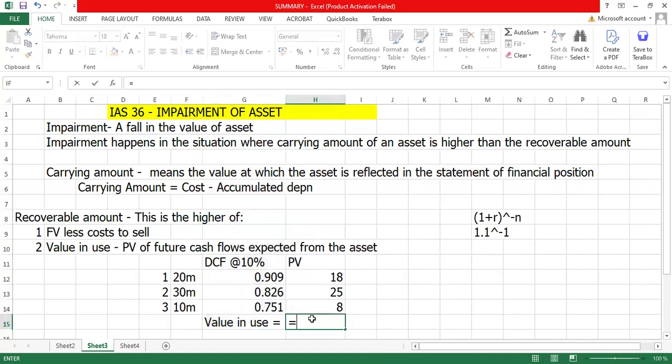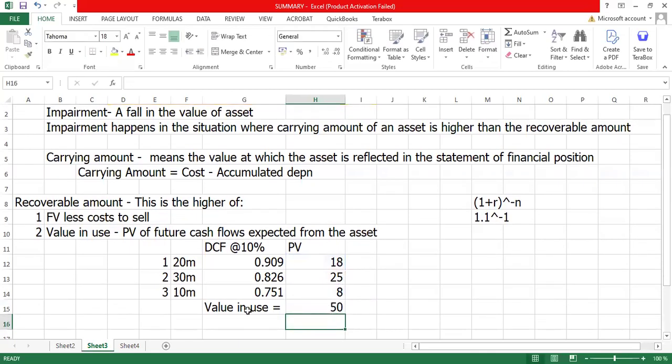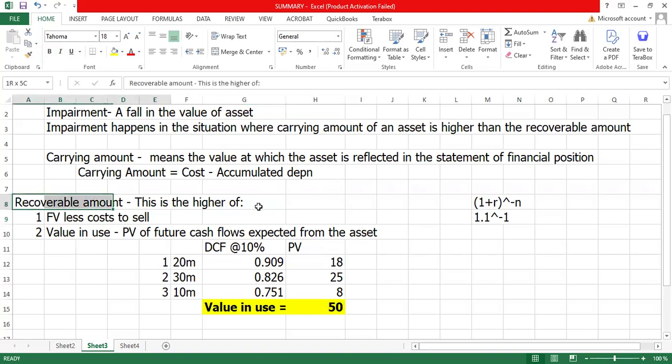In an exam, the examiner must give you the cash flows for each year, especially where he is testing you on the concept that you compare and take the higher. Then you use those cash flows to get the present value. You will also be given the estimated selling price and the estimated cost to sell.